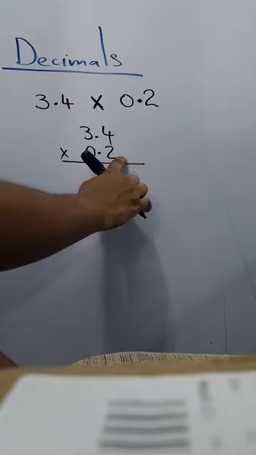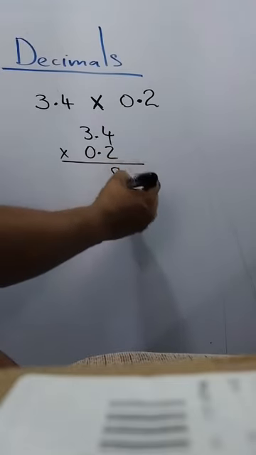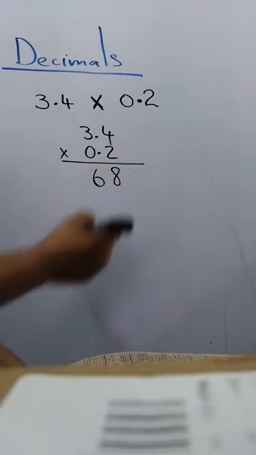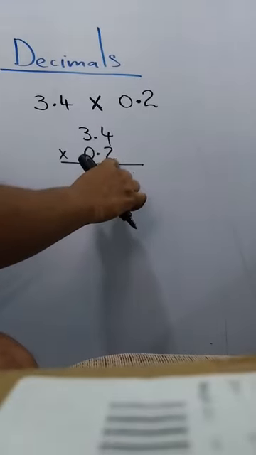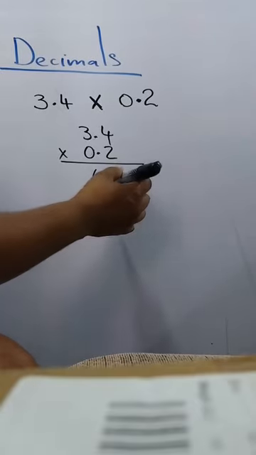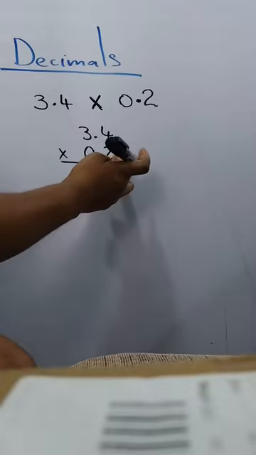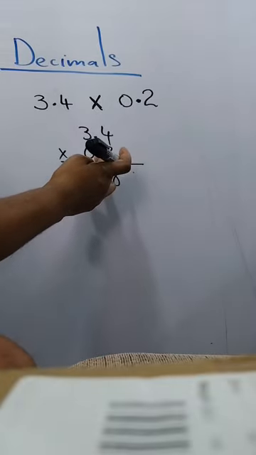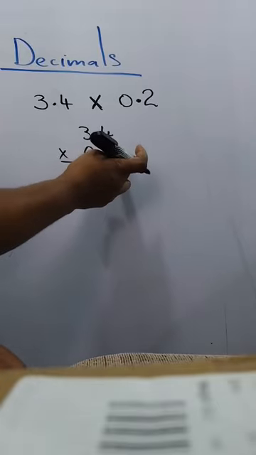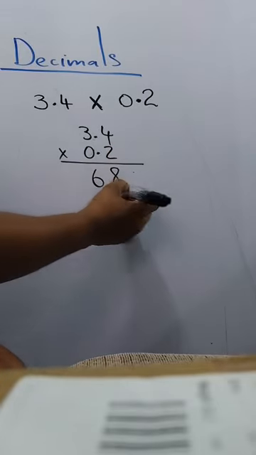So I'll say 2 times 4, that's 8. 2 times 3, that's 6. Notice I use the 2 to multiply. I will know the 2 was in a different column from the 0. So I will now account for the fact that I'm moving from the 2 onto the 0.